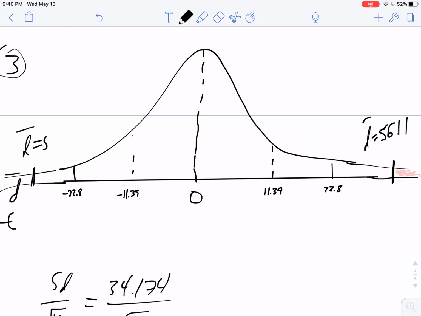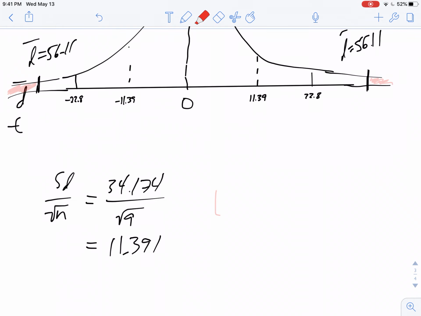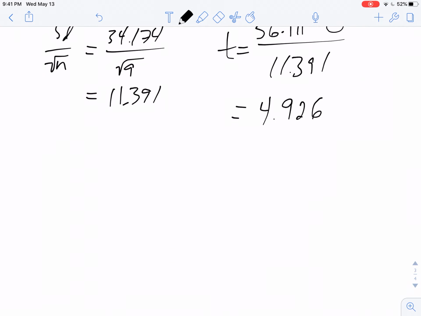Mark that and shade this tail. All right, so the picture's not quite to scale, but what I want to do now is calculate a t-value for that d-bar value. So we take our d-bar value, subtract the null hypothesis, which is 0. This number will almost always be 0. And divide by that standard error, and that's going to give me a t of almost 5. So pretty far to the right.